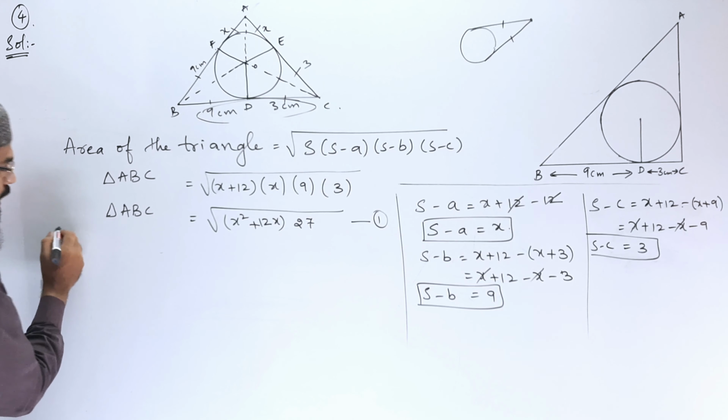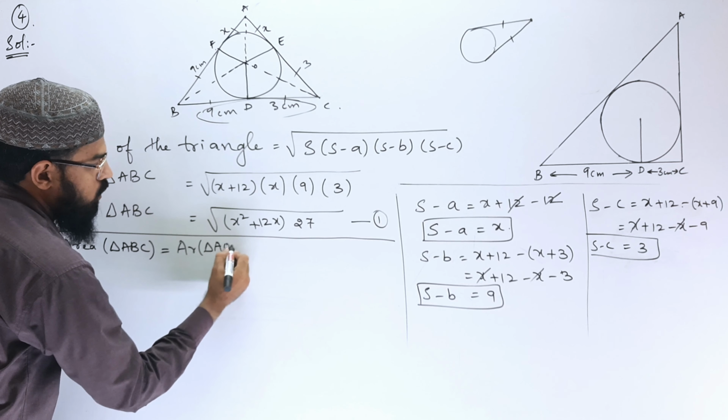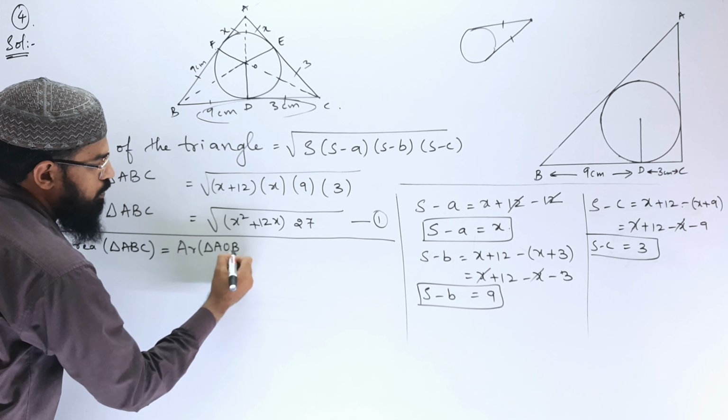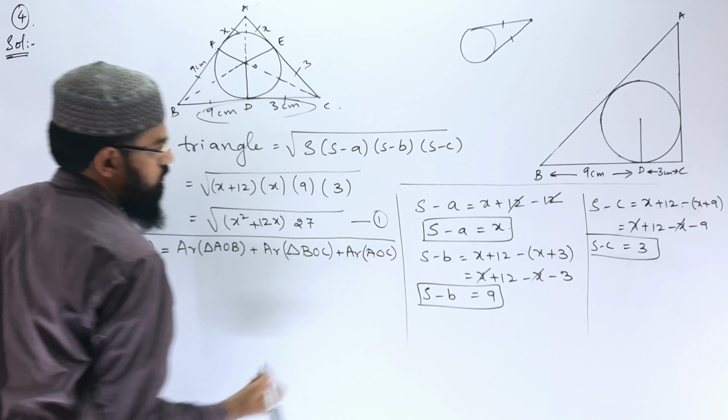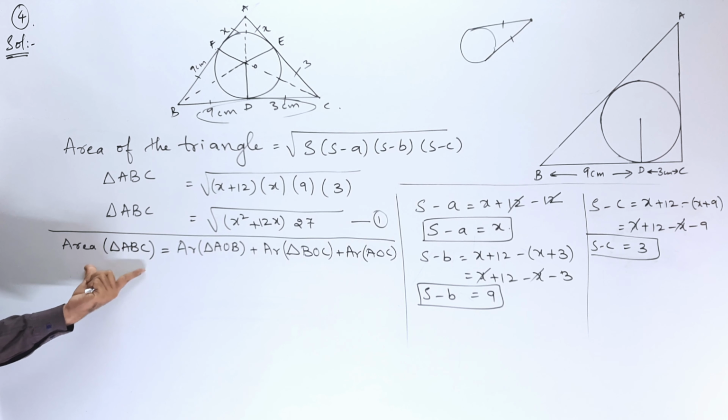So we can write here: area of the triangle ABC will be equal to area of triangle AOB plus area of the triangle BOC plus area of the triangle AOC.